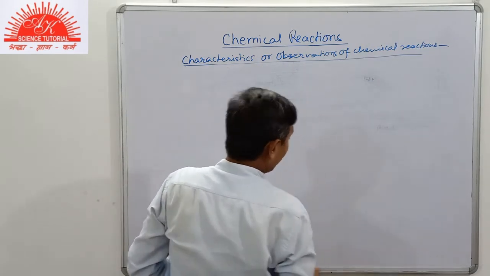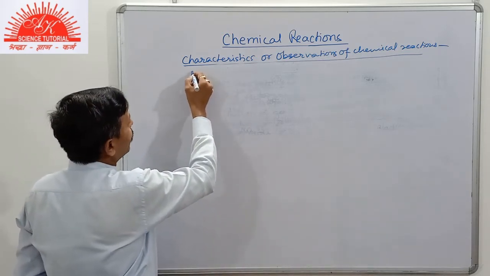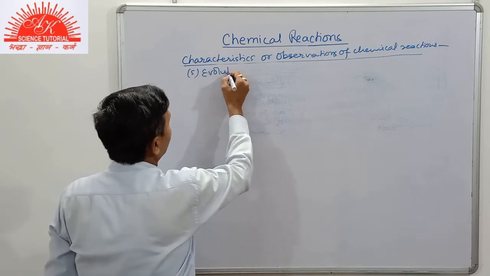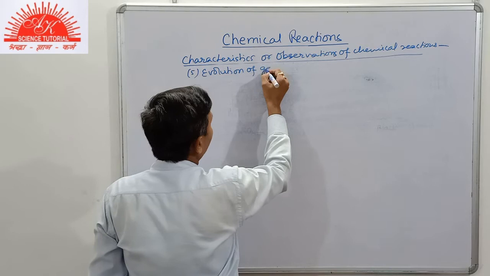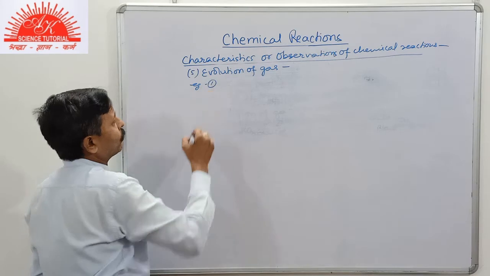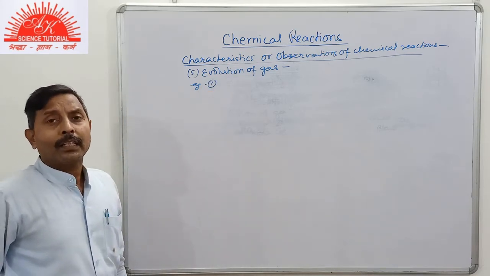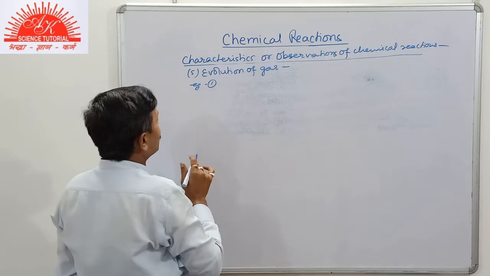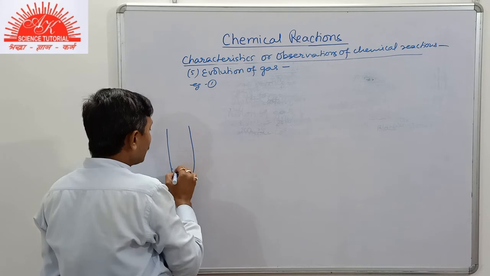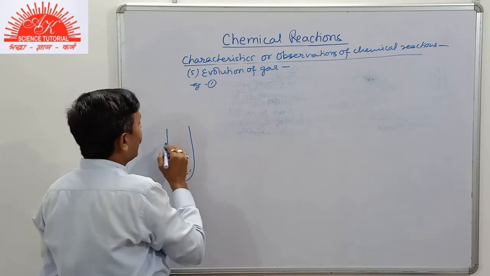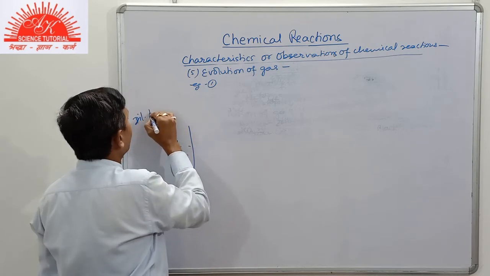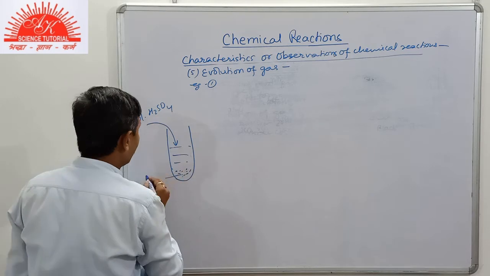Now the next example or next condition, that is the fifth, evolution of gas. Now there is a very simple example. Suppose, student, we take zinc granules in a tube, and dilute sulfuric acid, dilute H2SO4, is added to it.